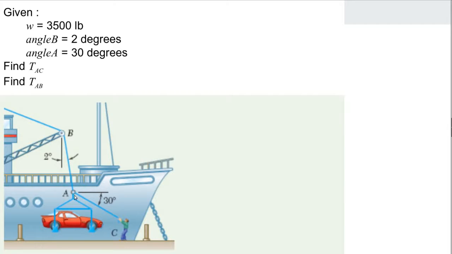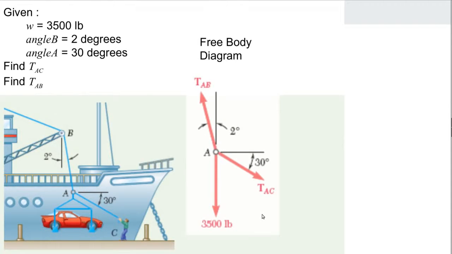Now we'll look at this problem, and it's a statics problem. It's not moving. So in statics, the first thing we almost always do is a free body diagram. We try to draw the forces acting on the particle. The particle A has 3 forces acting on it.